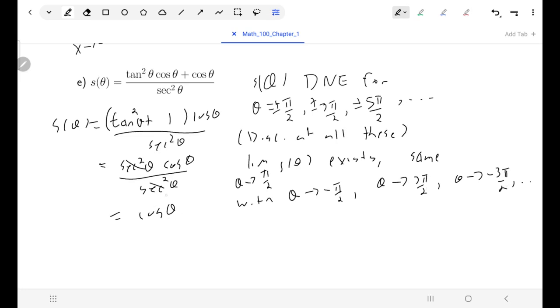Or negative 3 pi over 2, which is also 0. So actually this function, even though it doesn't exist at any of those points, the limit exists at all of those points, so that all of these points are removable discontinuities.